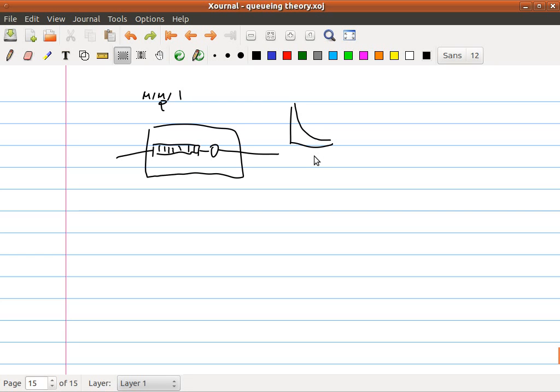And we have packets going into this system that are supposed to be Poisson. It's just saying that the packets arrive at times that are independent of previous arrivals, and also the arrival rate is constant. So this is not a very strong assumption. It's reasonable in some sense.